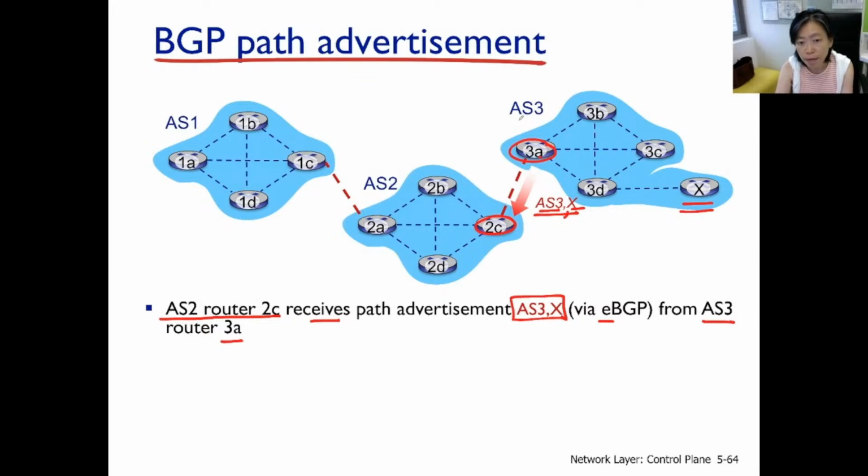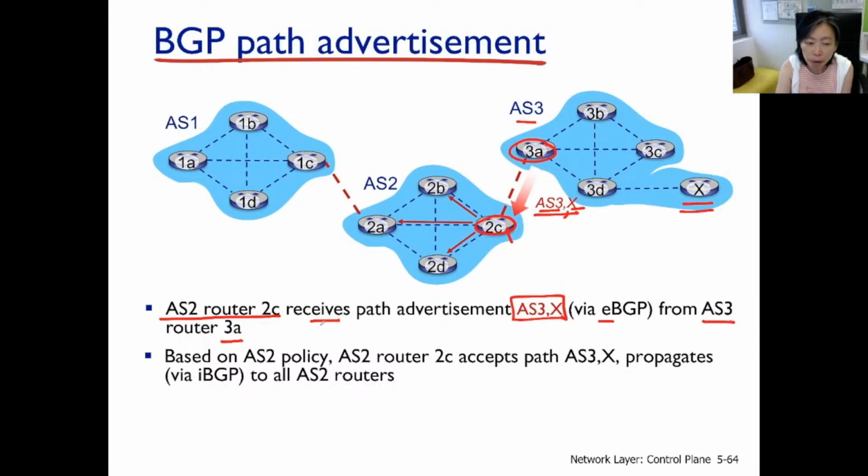So 3A of AS3. Now, if you recall in the very early slide, the border router here will then propagate the AS path throughout all routers in the network. But no, there's import policy. So the exact process is more like this. 2C will actually check AS2's import policy.